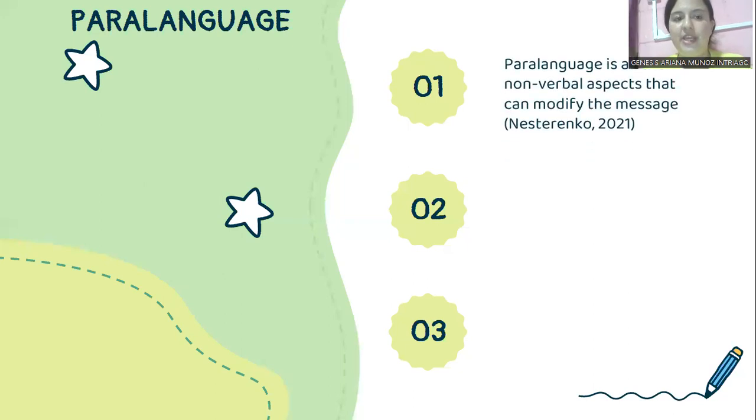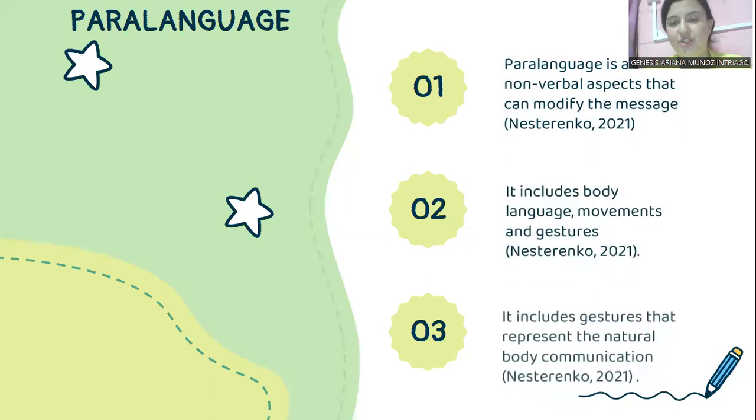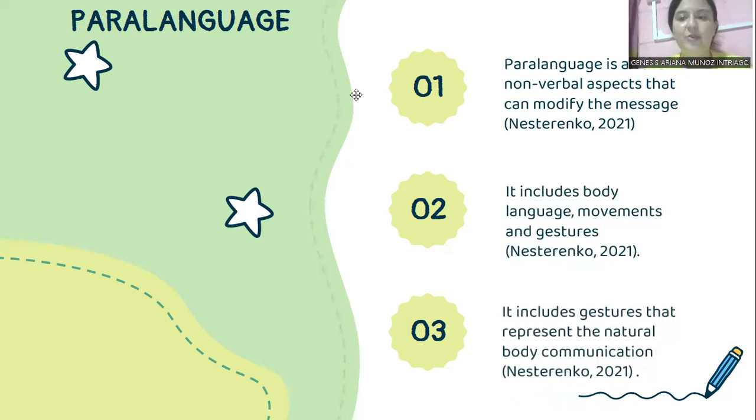So now we are going to review the features of paralanguage, okay? Paralanguage is basically all the nonverbal aspects that can modify the message, okay? For example, let's suppose that someone tells me, would you like to go out with me? And I tell them, yes, I will be so happy to do that. It's not the same as if I say, yes, I will be so happy to do that.